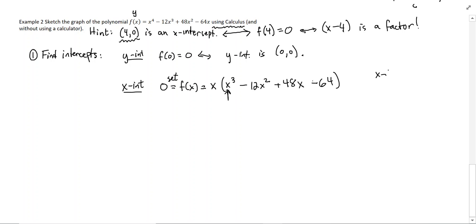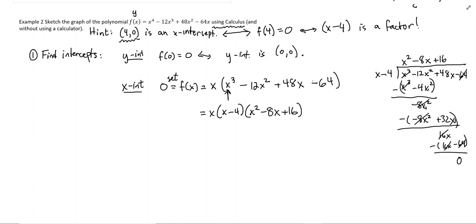I'm going to divide x minus 4 into that third degree polynomial. Go ahead and pause the video, do that division, and we'll come back together in a minute. You should have gotten this: dividing gave x squared minus 8x plus 16.